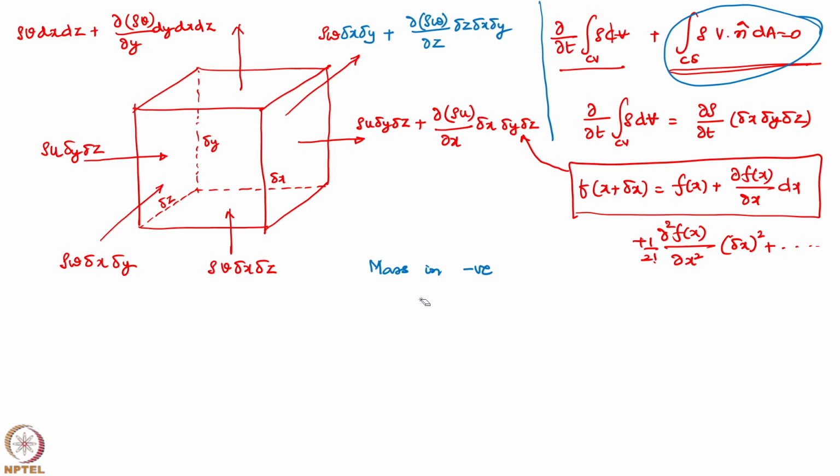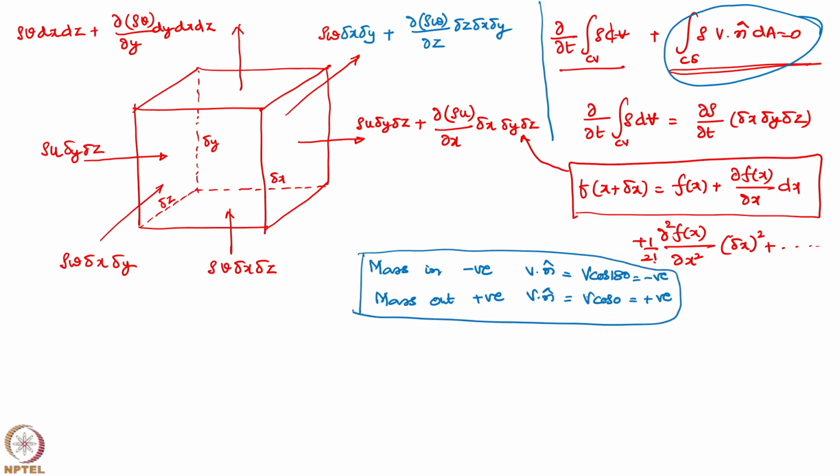The mass flow rate in always is negative and mass flow rate out will be positive because of V dot n, that is V normal vector, which is V into cos theta. So V cos 180 is negative and V cos 0 is positive. Okay. So that is what is happening, why mass flow rate in is negative.